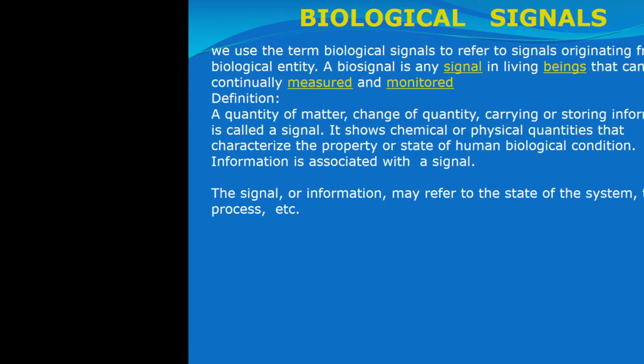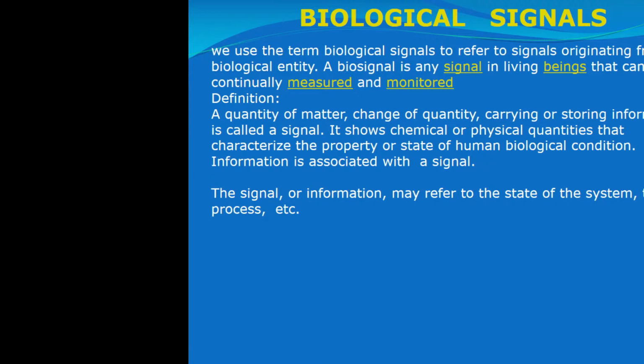Biological signals. Each living organism produces biological signals. We use the term biological signals to refer to signals originating from a biological entity. A biological signal or biosignal is any signal in living beings that can be continually measured and monitored.